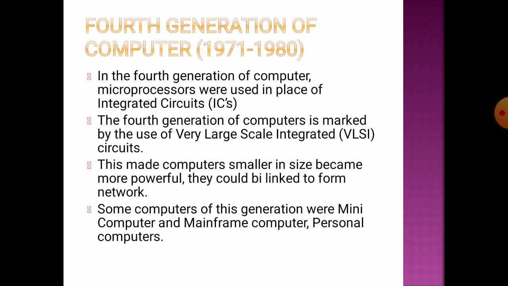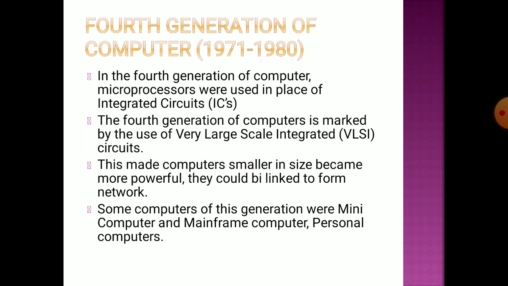So this made computers smaller in size, more powerful, and with this invention we started using the network, that is the internet. And new computers like mini computers, mainframe computers and personal computers started being used from the fourth generation of computers.